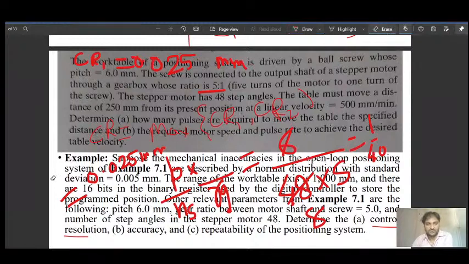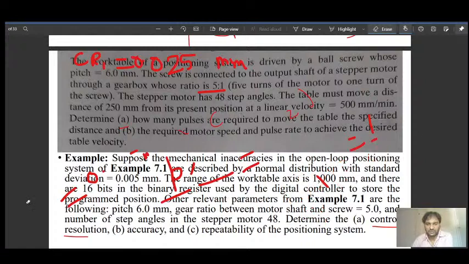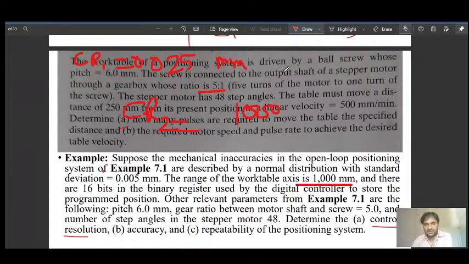Okay, now how do we calculate CR2? CR2 is L by 2 to the power B, or L divided by 2 to the power B minus 1. So find out CR2. L is the length, this one, 1000 mm. This much length is divided into control points.